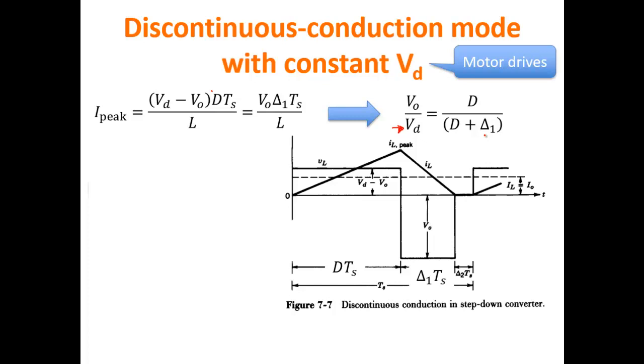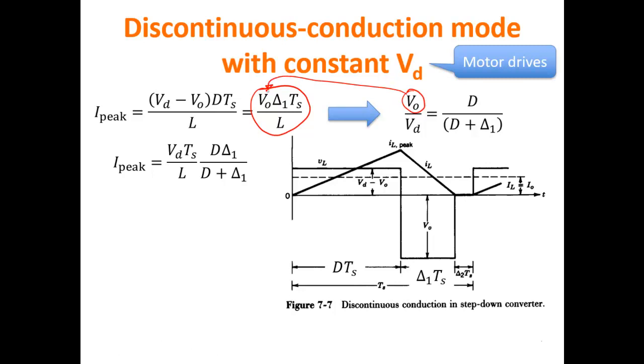Okay, let's try to add an additional piece of information. What we do here is the following. We simply take this expression and we substitute VO in here. We take VO as VD times D over D plus delta 1, and we put it here. And then we obtain this expression.